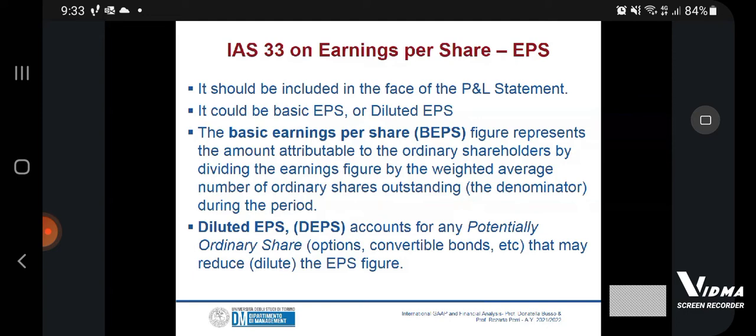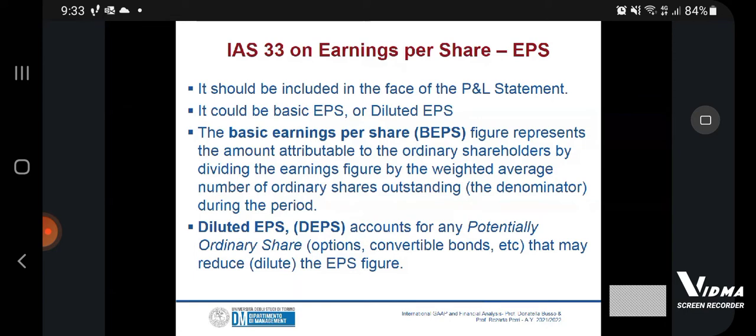Suddenly, other people may become shareholders. They can convert and execute their options into common shares, so they are increasing the number of shareholders. Remember, the shareholders are the owners. The more shareholders there are in the company, the smaller my part in the earnings as a specific shareholder.